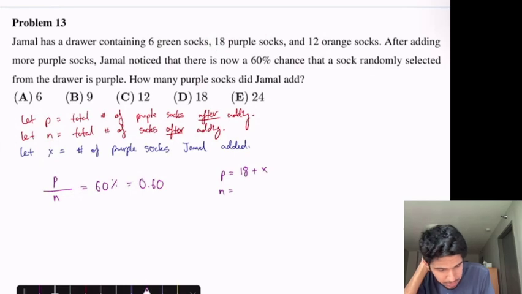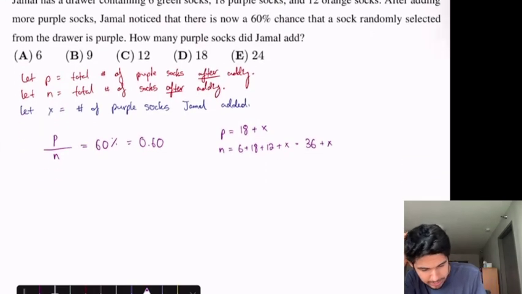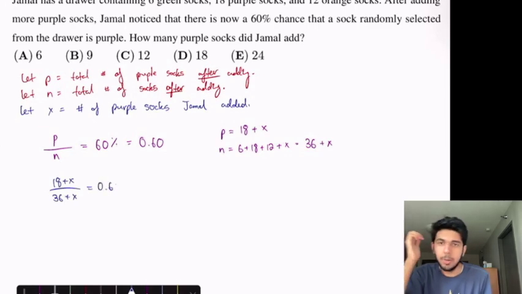So n will be equal to 6 plus 18 plus 12 plus x, which is 36 plus x. Now we can substitute back into our equation, and we get (18 plus x) divided by (36 plus x) is equal to 0.60.